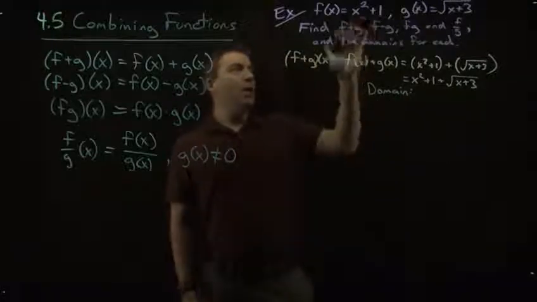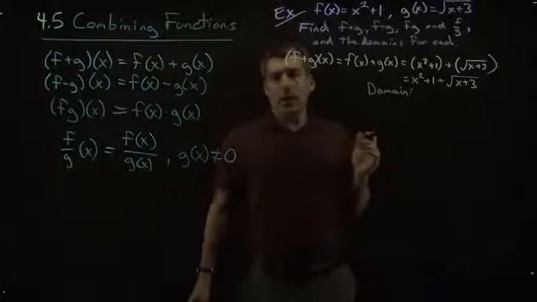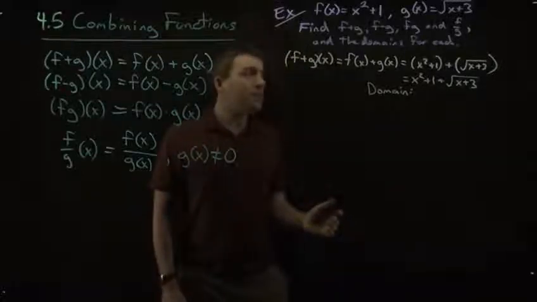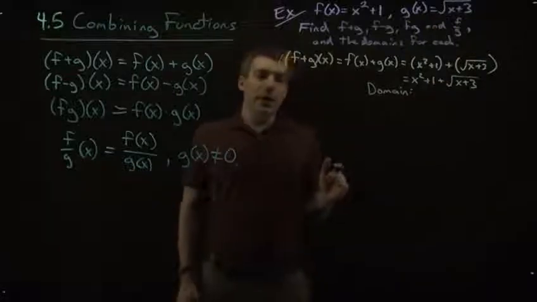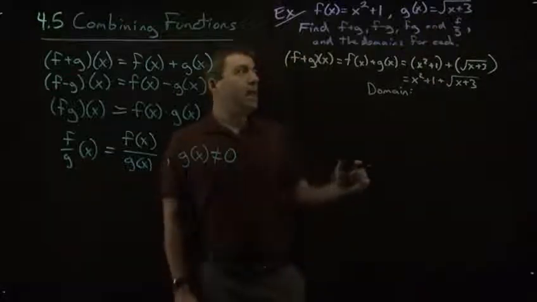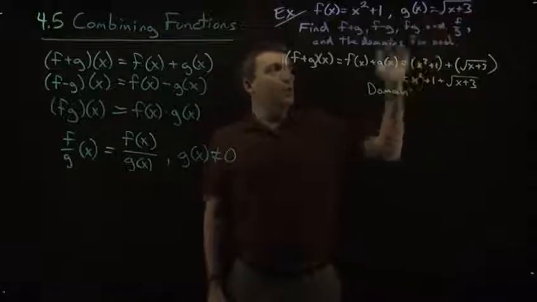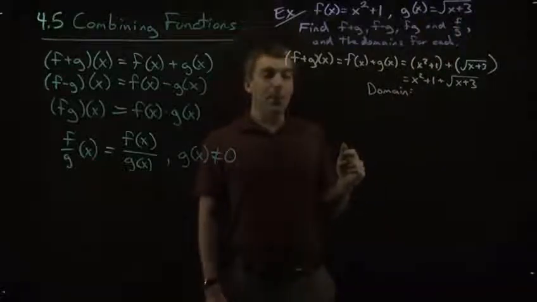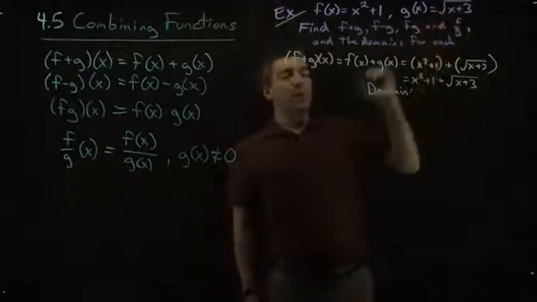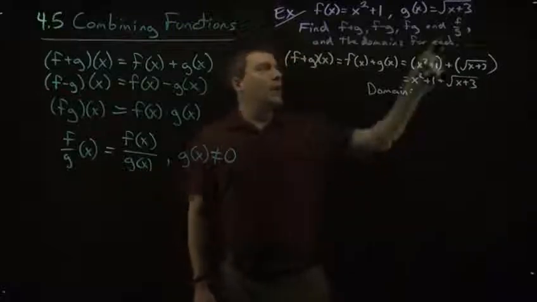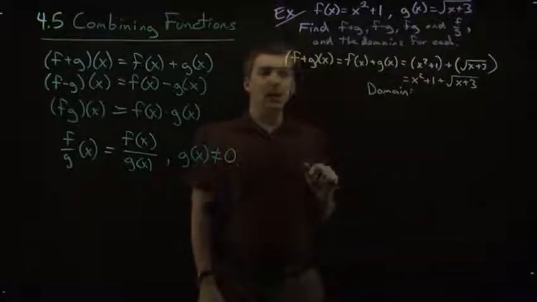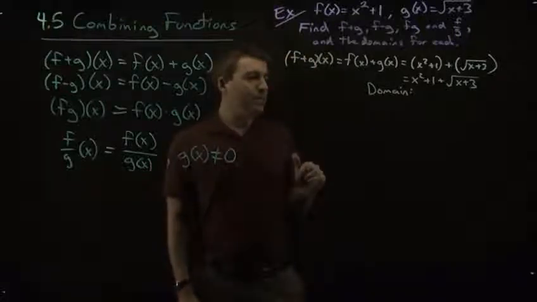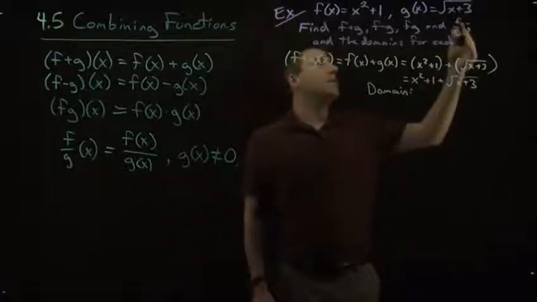f(x) is a polynomial, x squared plus 1. Polynomials have domain all real numbers. This function, square root of x plus 3, is a radical function, and we know we cannot take the even root of a negative number, and since this is a square root, it's an even root, the x plus 3 must be greater than 0. So let's figure out what that is.